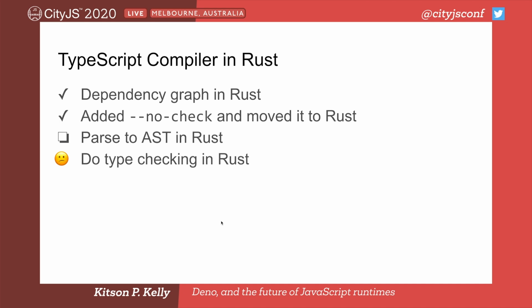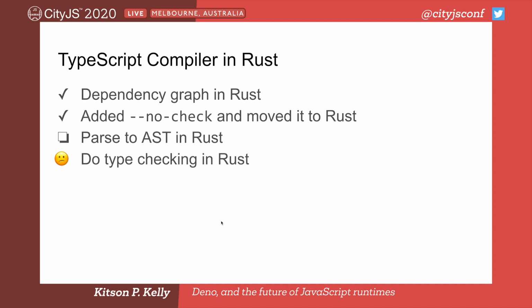And so I think it's a good bit to take that heavy lifting and move that into Rust and effectively have a better user experience for everybody using Deno and using TypeScript under Deno.